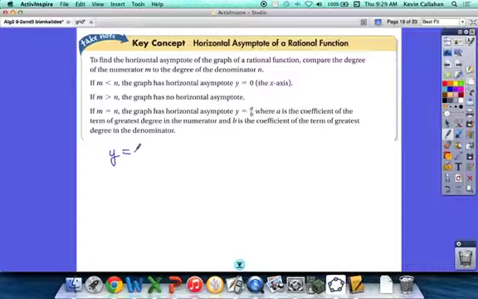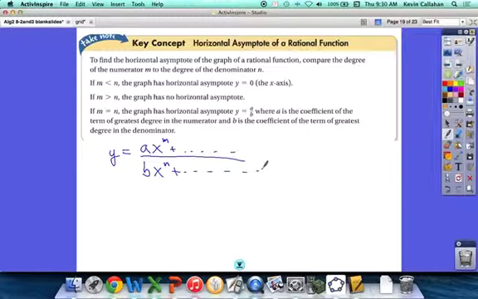Here's our numerator, x to the m plus, it could have a bunch of terms that come after, but the highest power. In the denominator we've got b, which is the highest power term.